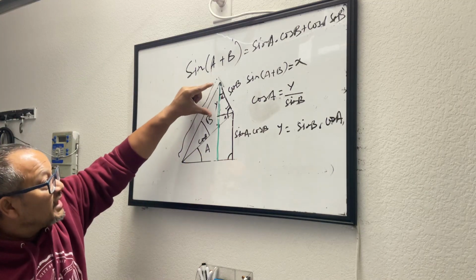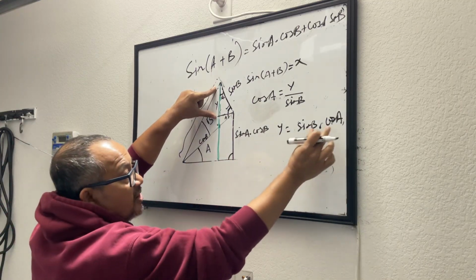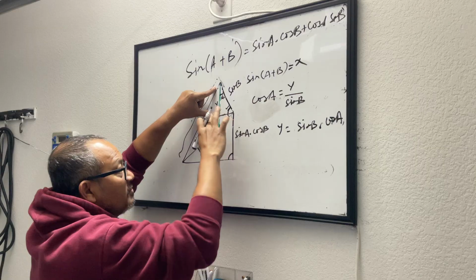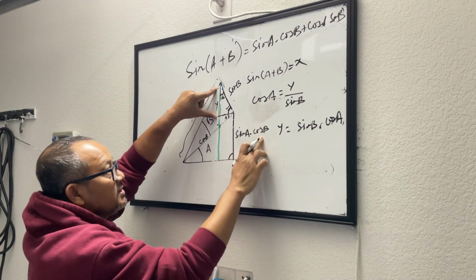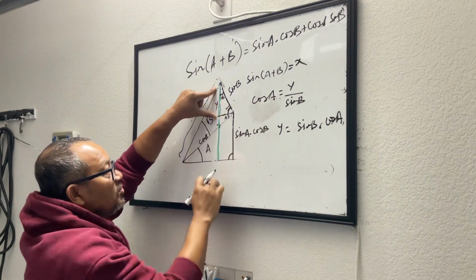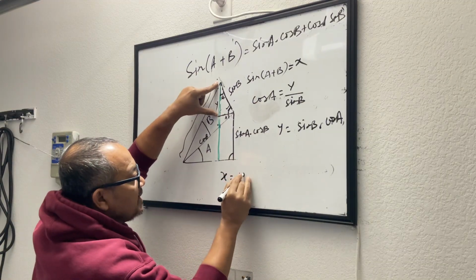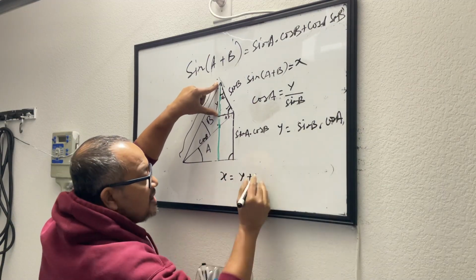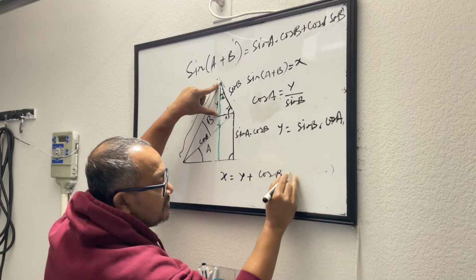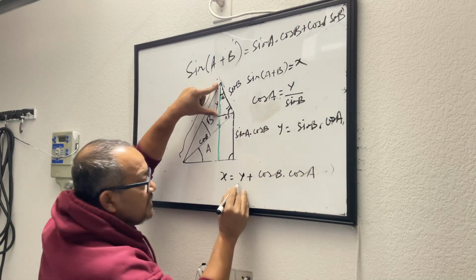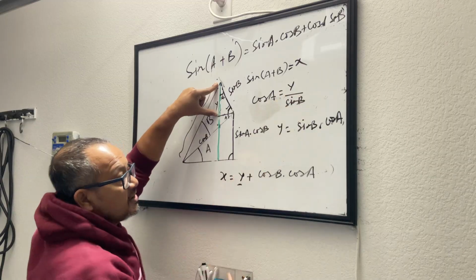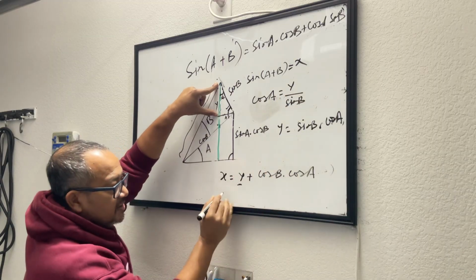So we found this length as sine of b cos of a. This length we found as sine of a cos of b. If I have to find out this whole length x, that will be equal to y plus sine of b cos of a. And this y we found here, which is sine of b cos of a.